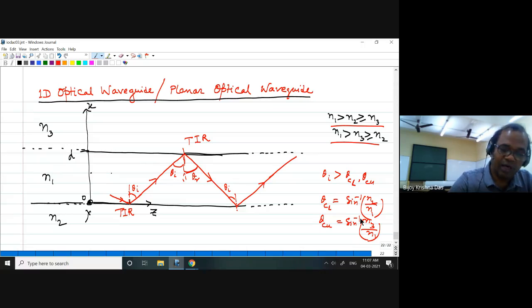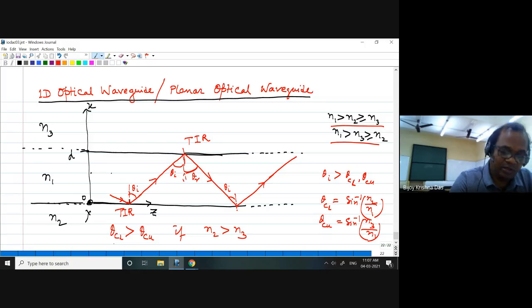So now we know that theta CL is greater than theta CU if N2 is greater than N3. Otherwise, if N3 is greater than N2, then we have theta CU greater than theta CL.